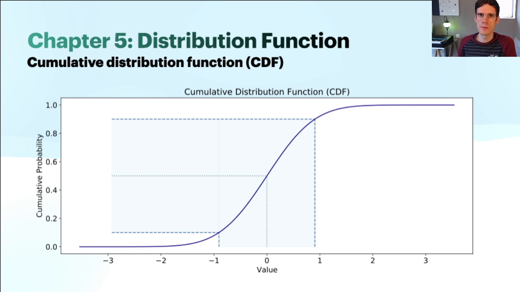And now we can see why the Cumulative Distribution Function is extremely well fit to determine the percentile of any value that we want. For instance, let's take this value 0 right here. If we go up to the graph until we meet it, and then go to the left of it, then we end up at 0.5. And thus we conclude that the value 0 is at the 50th percentile of our data set.